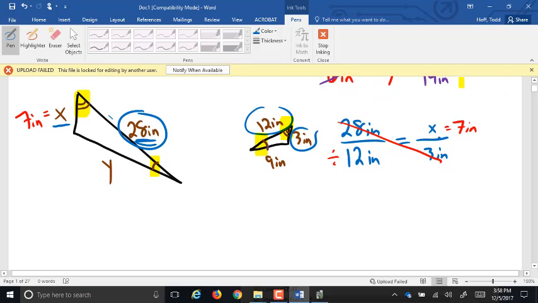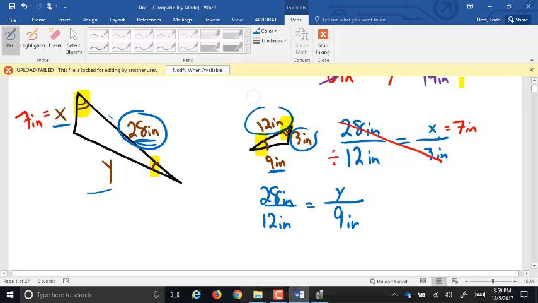To find y, we start out with the same relationship. We still have 28 inches corresponds to the 12 inches. Y is going to go top or bottom? Top. It's still from the same figure as the 28. What's going to go below it? 9 is the corresponding side from the other figure.